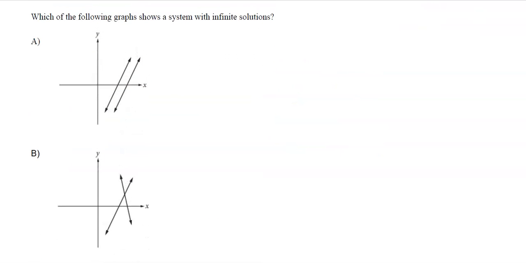Finally, number 10, which of the following graphs shows a system with infinite solutions? So, graphically speaking, only 3 things can happen. It's infinite solutions when you graph a line and then you graph the second equation and they're right on top of each other. It's no solution if you graph 2 lines and they are parallel to each other.